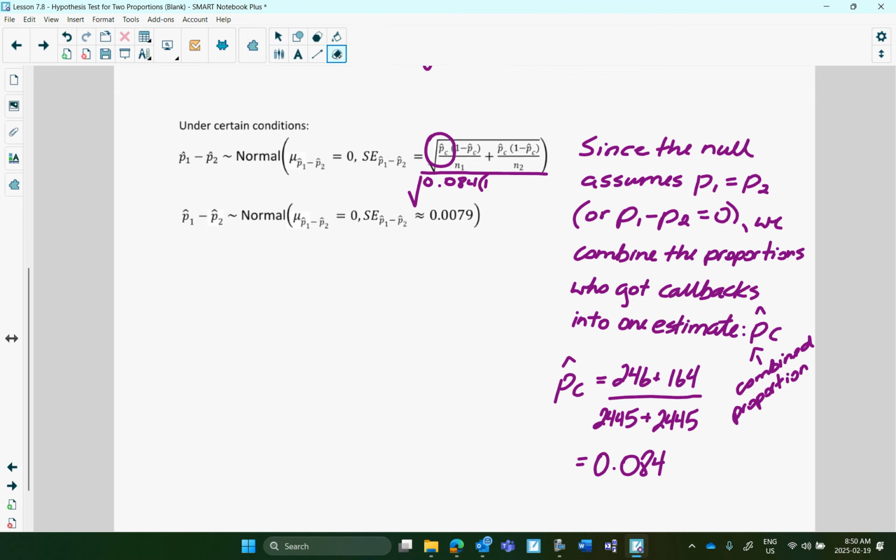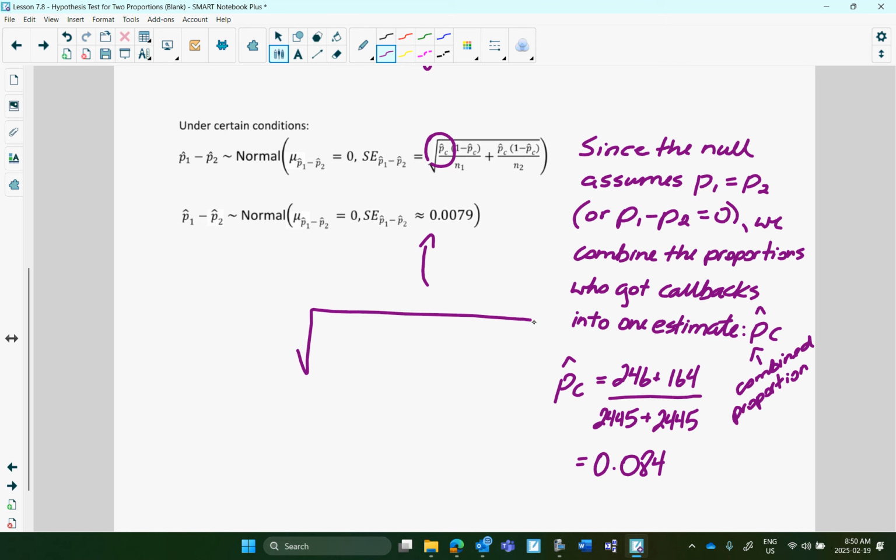Actually, I'm going to write it down here. Take 0.084 times 1 minus 0.084, divided by the first sample size, which is 2445, plus, and it's going to be the same thing again, 0.084 times 1 minus 0.084, divided by the sample size of the second one, which happens to be the same as the first one.